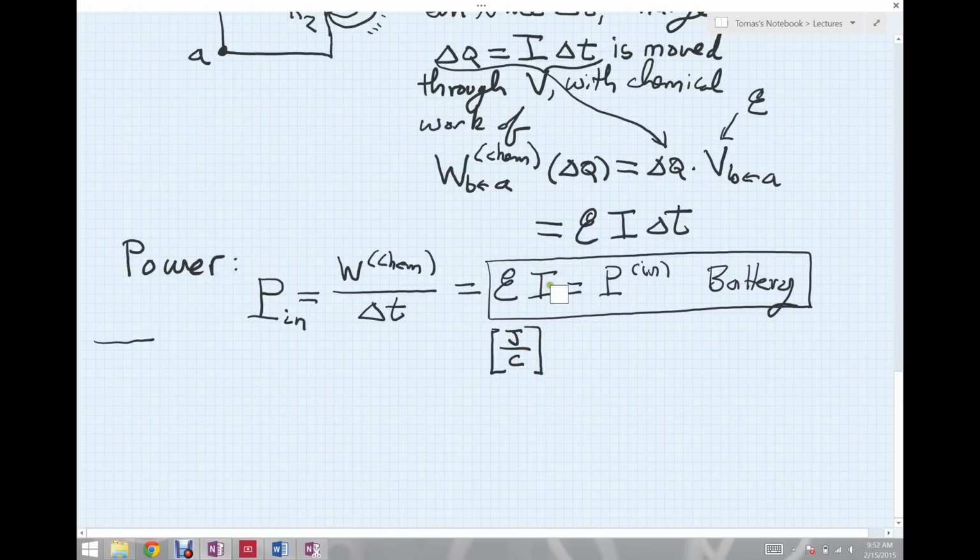The units on current then are how much charge is transferred in a given amount of time. So that has dimensions of coulombs per second. So when we run these things through together, you'll notice the coulombs are going to cancel, and we're left with units for power of joules per second, which is actually the definition of a watt. So that would be power in watts.